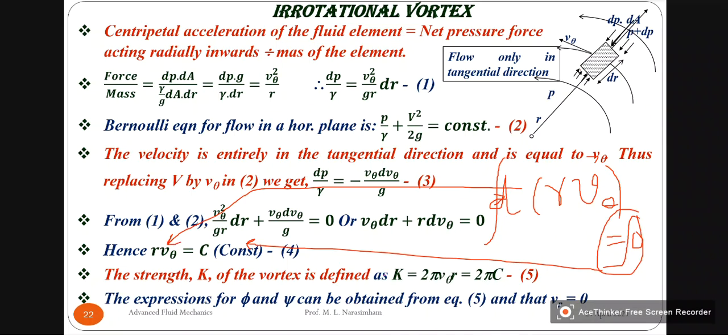So your result is r v theta is equal to constant, r v theta is equal to C. Now, what is Vr? Vr is 0 anyhow, because the flow is taking place only in the circular direction.